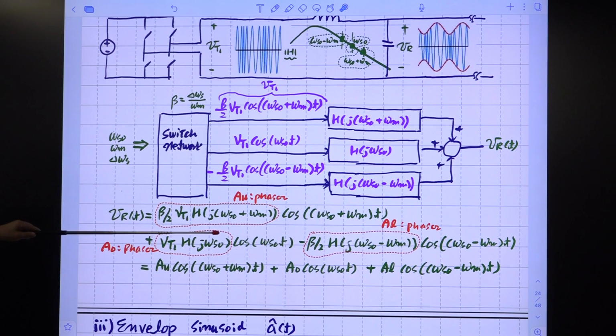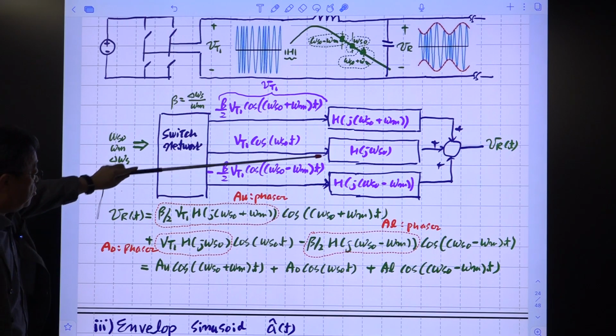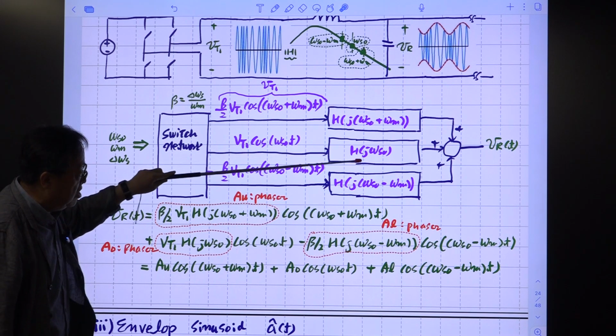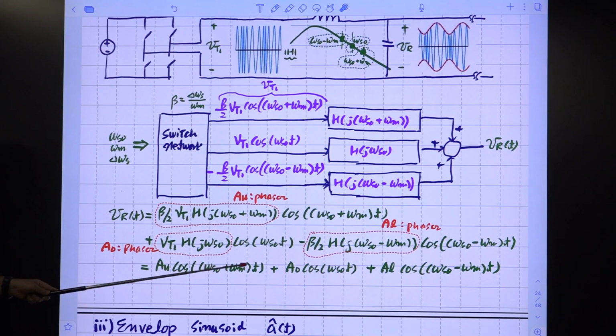This is the product of this and this, one term, and the second term is the product of this input signal and the transfer gain at the unmodulated switching frequency, and finally you have a minus sign in front. The sum of these three sinusoids will be the VRT waveform.